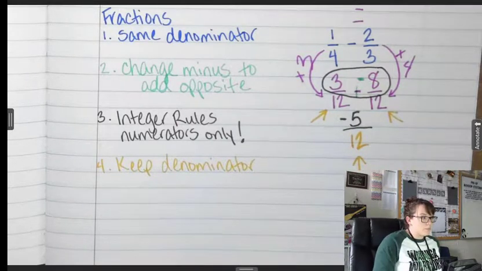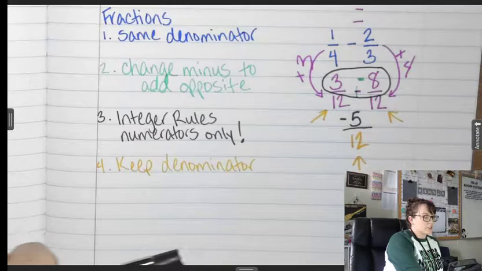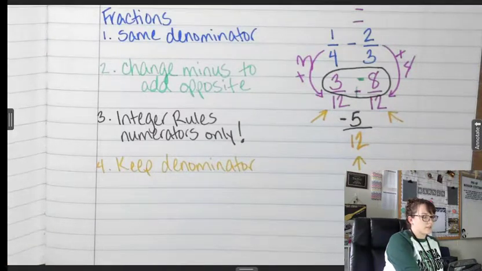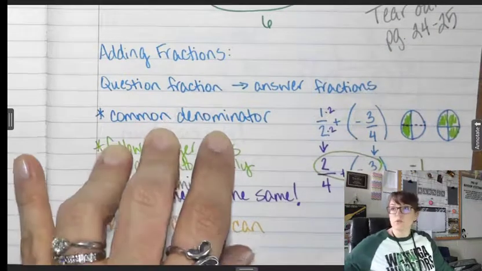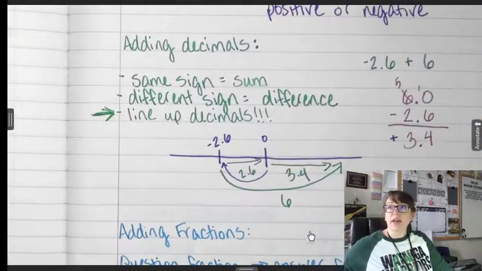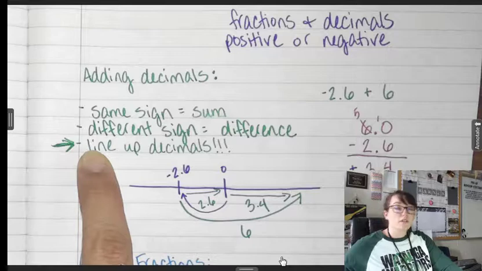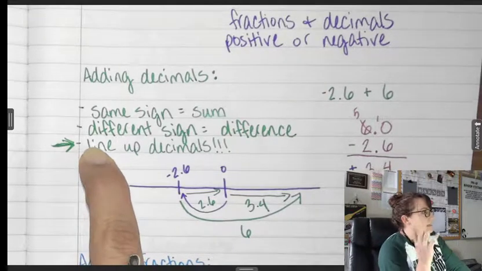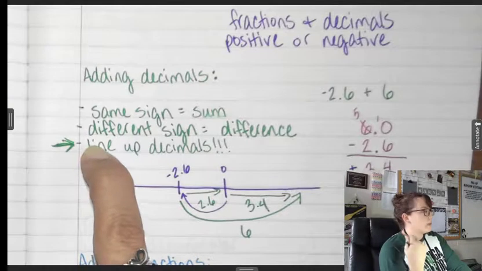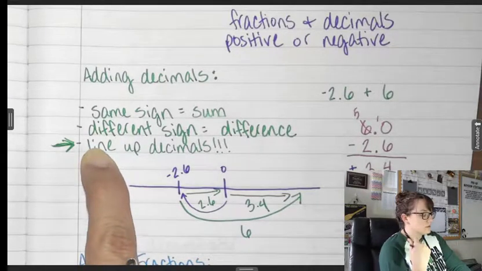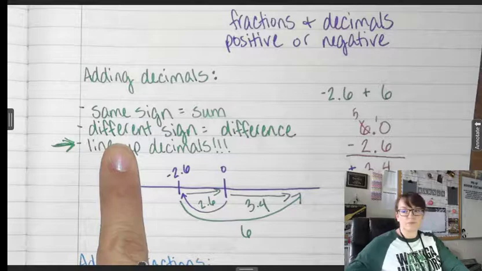The decimal part is just, I'm going to turn back a page. If you're not done, I'll turn it back. Don't worry. From yesterday, when we did adding decimals, the only difference today is keep, change, change, or bam, bam, whatever you want to call it. Other than that, this stays the same.